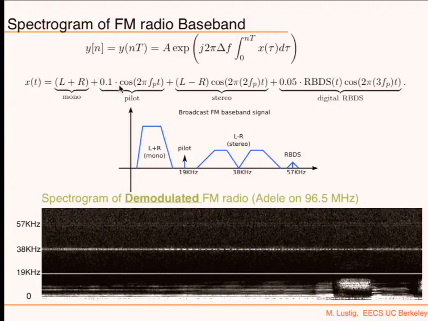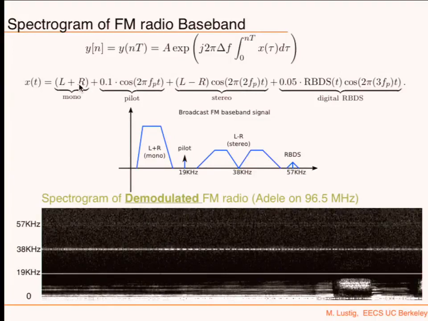The reason they do that is once I demodulate this, I recover the frequency. So this is frequency modulated. When I demodulate FM, and you're going to do this in one of the labs, you're basically going to get back x of t. So L plus R is really the low frequency.